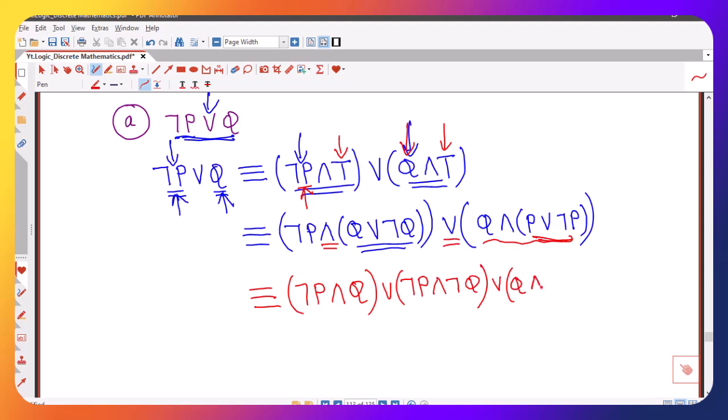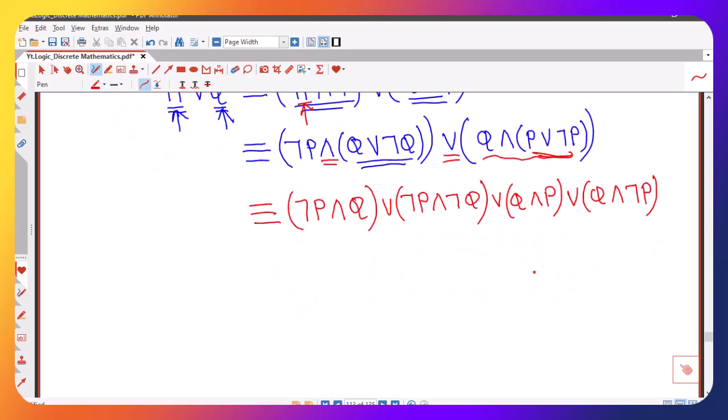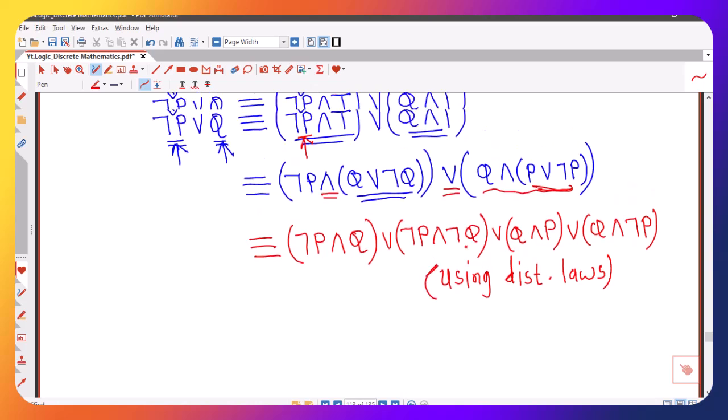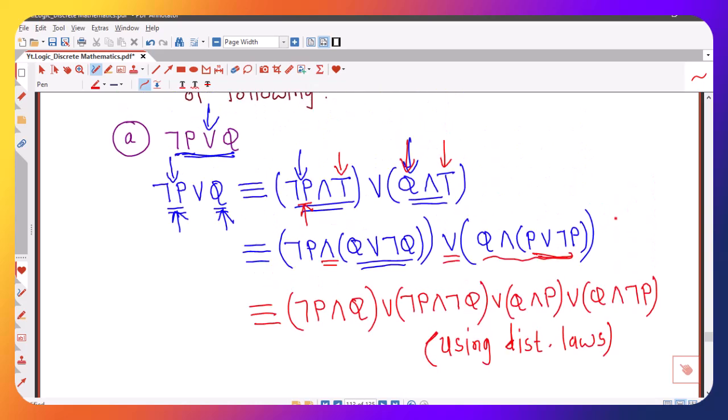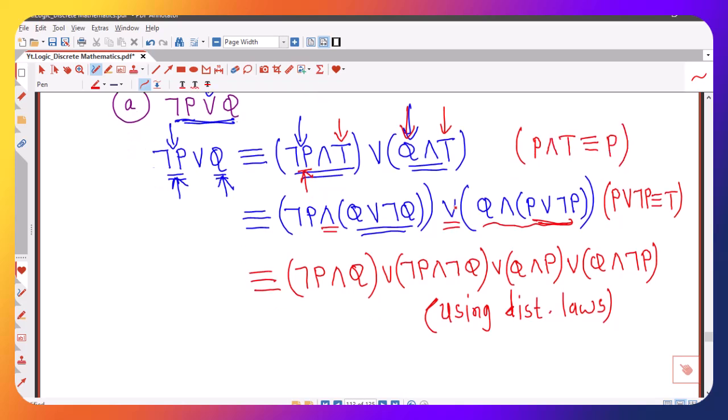Here I can write Q and P, or Q and negation P. So what we have used here, using this we have written using distributive laws. Here also we can write, here we are using the fact that P or negation P is logically equivalent to capital T, and here we are using this fact P and T is logically equivalent to P.